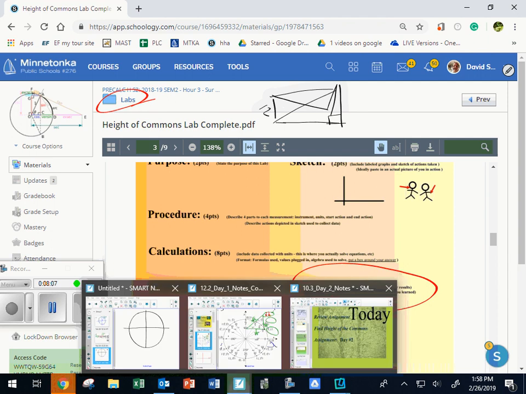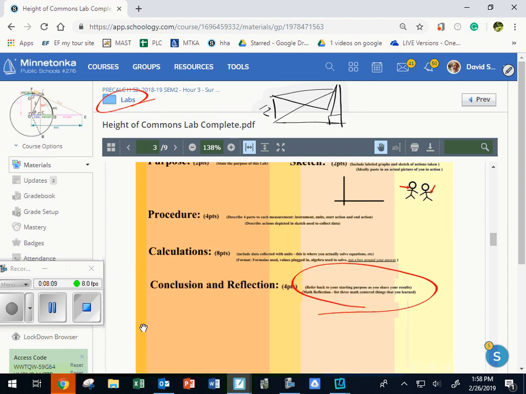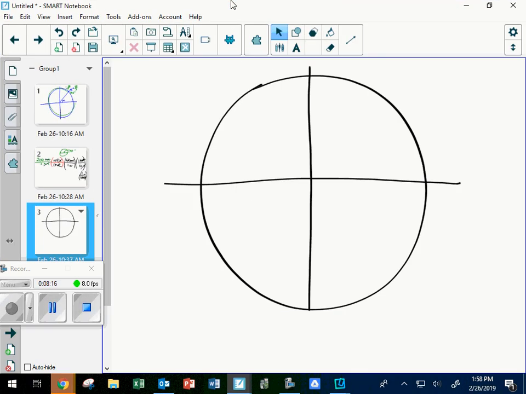Now let's talk about what you're supposed to know so far. This is about radians. I want to see quick if you remember. Would you please put up where 3 pi over 2 is? 3 pi over 2.